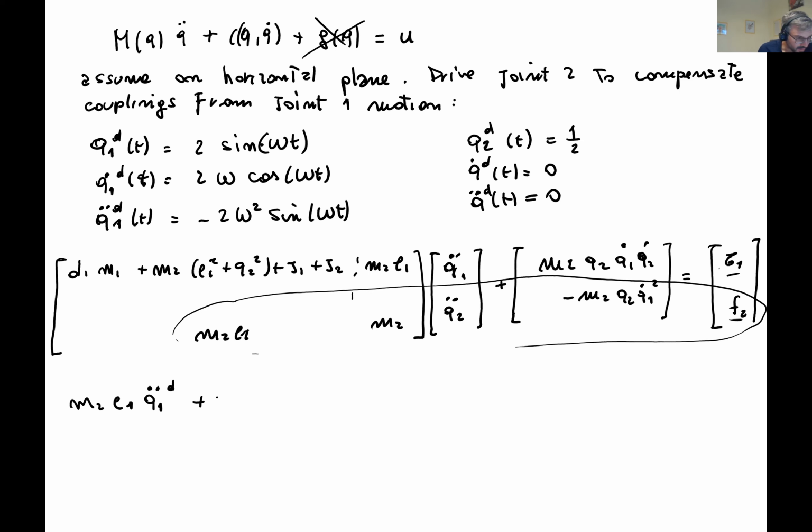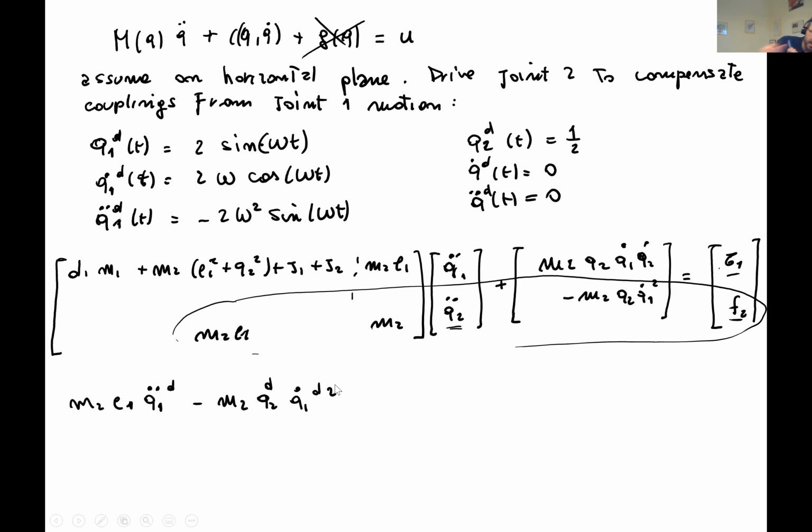We said that the desired acceleration for joint 2 is 0, so we don't consider that, and we still have M2 Q2 desired Q1 dot desired squared.